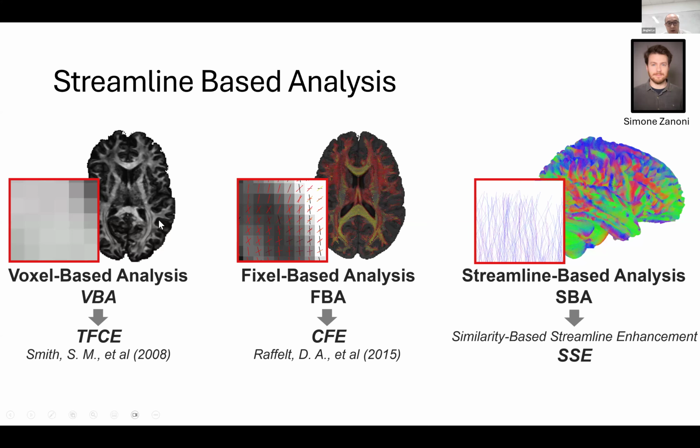In the middle, I just introduced the fixel-based analysis, where we compare the group difference and individual difference in each fixel. And now for the streamline-based analysis, the analyzing unit will be the streamline in the tractogram template. So we aim to find the across-subject, across-group difference on each streamline.